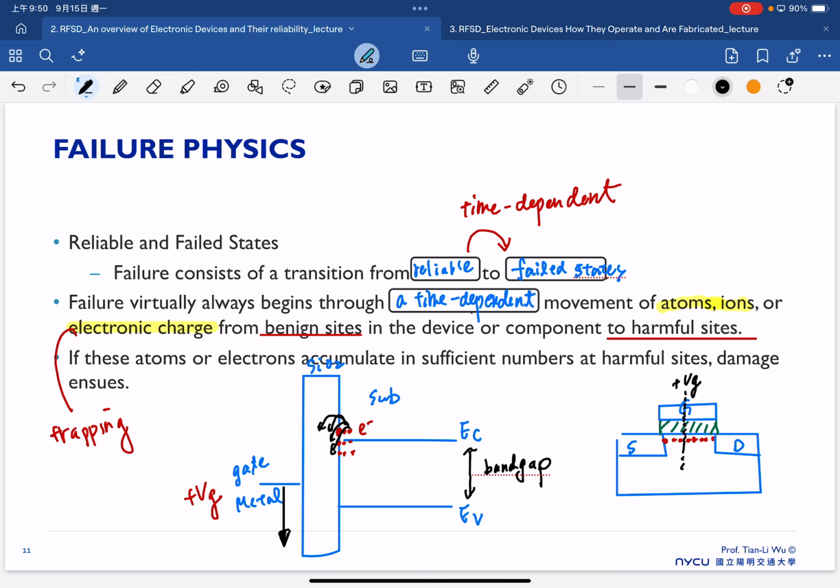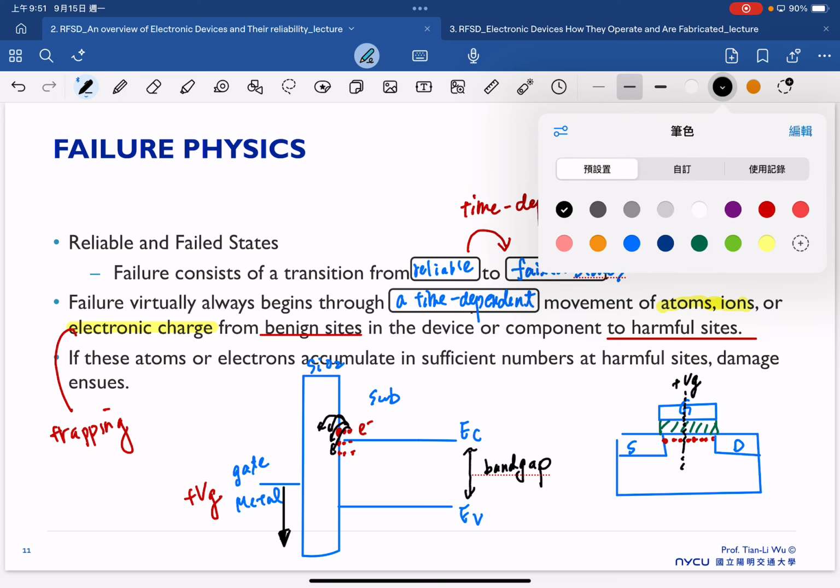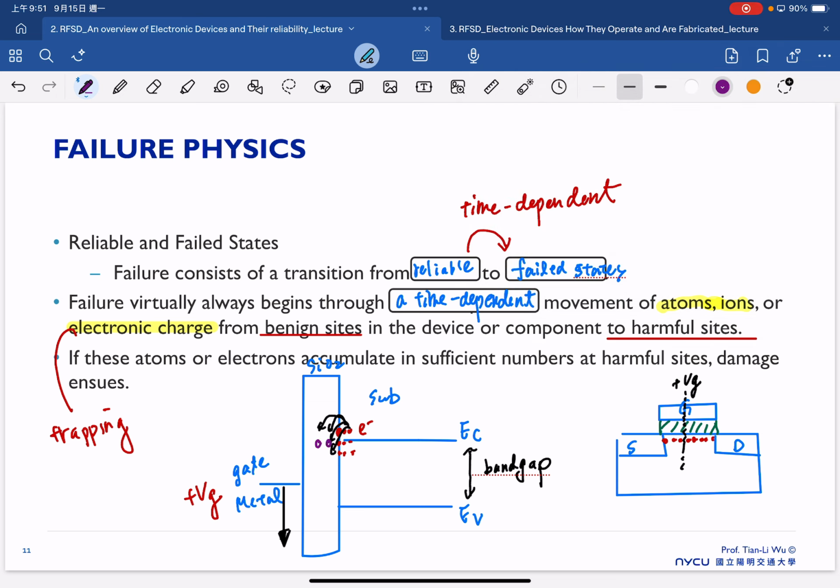But unfortunately, if we have certain defects in the dielectric, for example, lots of defects in the dielectric, these are the defects.